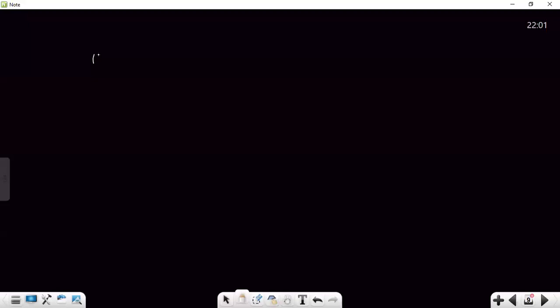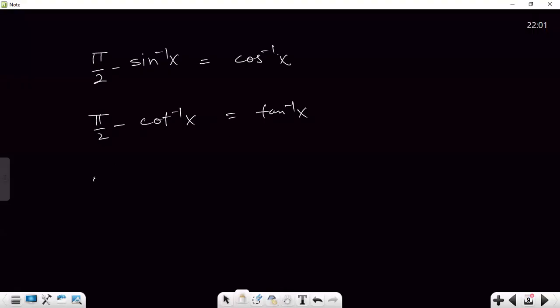Here, pi by 2 minus sine inverse of x is cos inverse of x. Pi by 2 minus cot inverse of x is tan inverse of x. Pi by 2 minus sec inverse of x is cosec inverse of x. It is just the same as sine of pi by 2 minus theta equals cos theta. Clear?